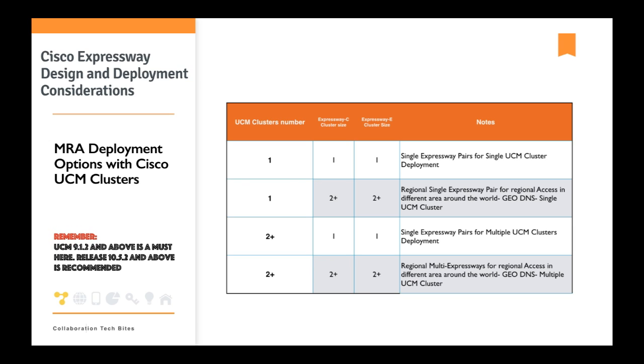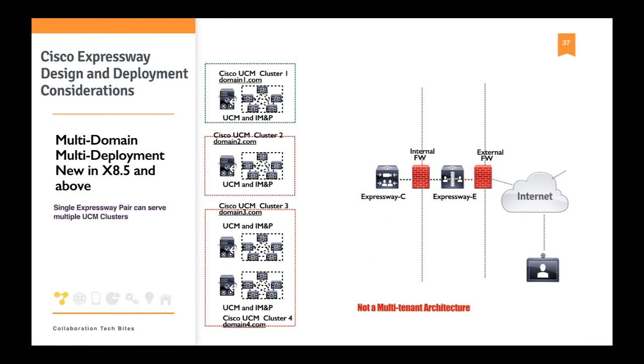Okay, so remember, you need a UCM 9.1 and above, and the recommended release is 10.5. Starting from X8.5 as well, you can have a single pair of Expressway C and E serving several UCM clusters, even in a multiple domain environment.